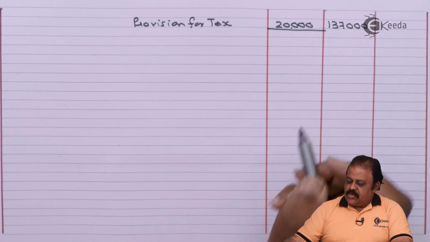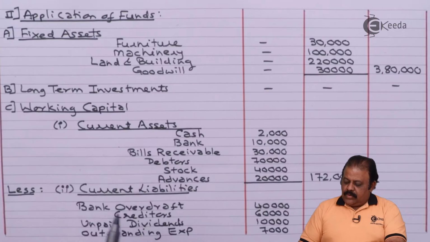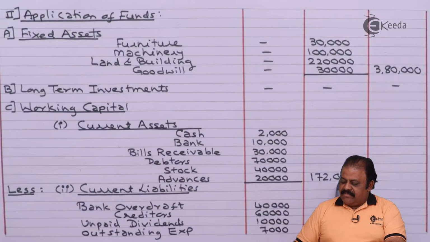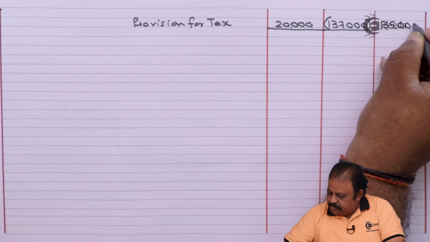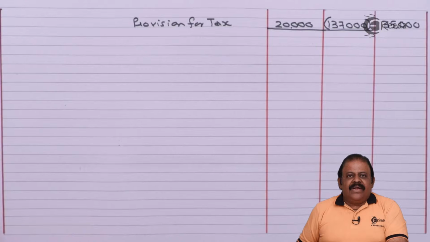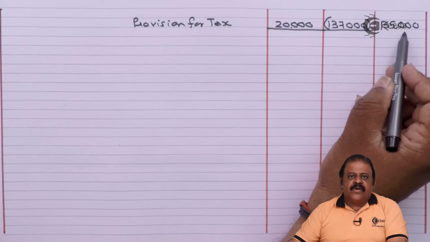Total current liabilities 1,37,000. Total current assets 1,72,000. From this, current liabilities will be deducted. So we got working capital 35,000.